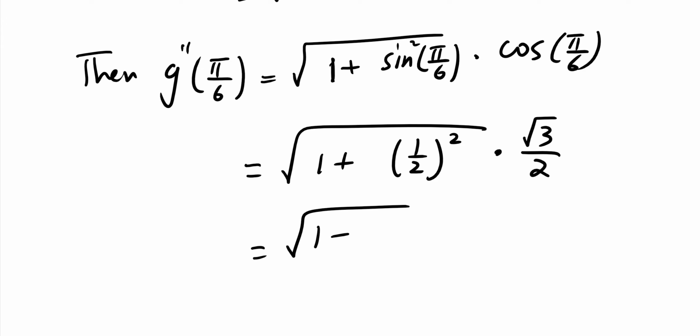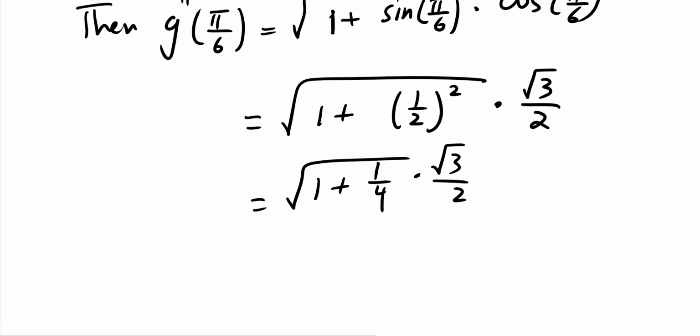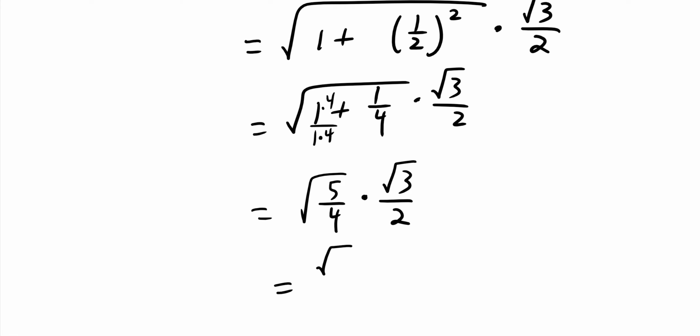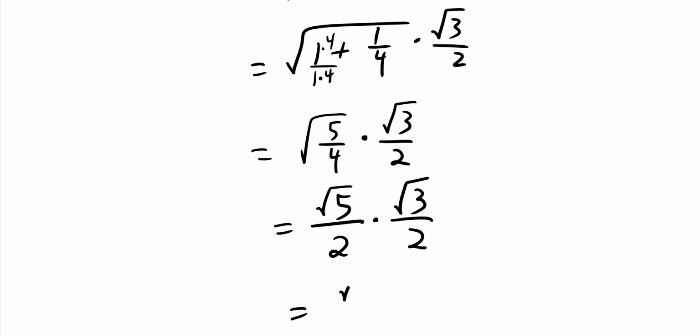This is 1 plus 1/4 times the square root of 3 over 2. Inside the radical sign, multiply by 4 over 4, so that gives us 5 over 4 times the square root of 3 over 2. Then this is the square root of 5 over the square root of 4, which is 2, times the square root of 3 over 2. That gives us the square root of 15 over 4.